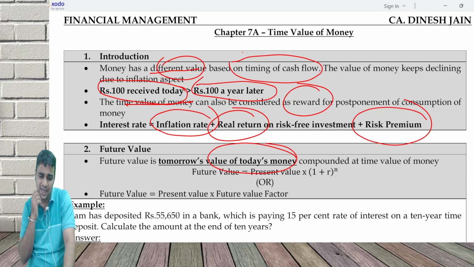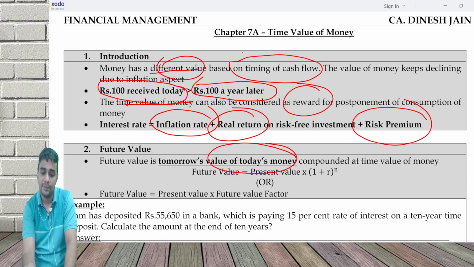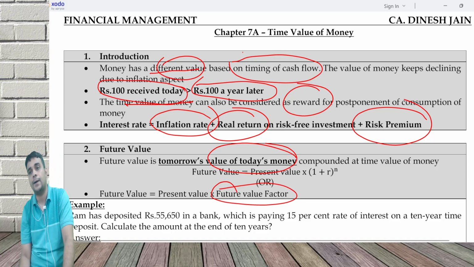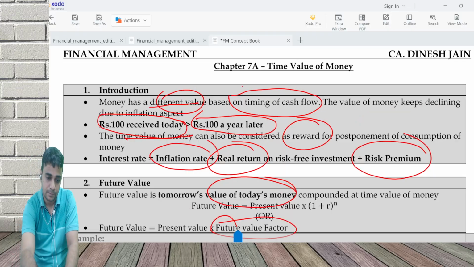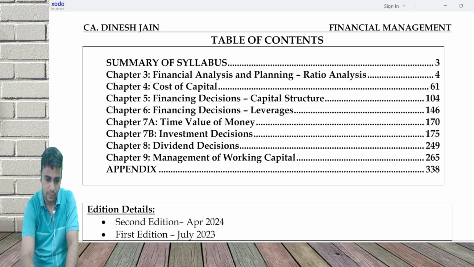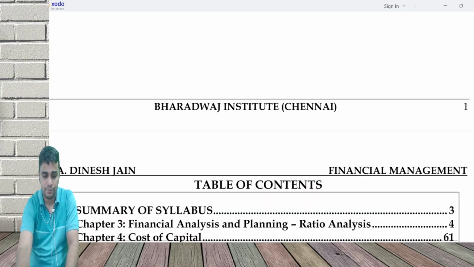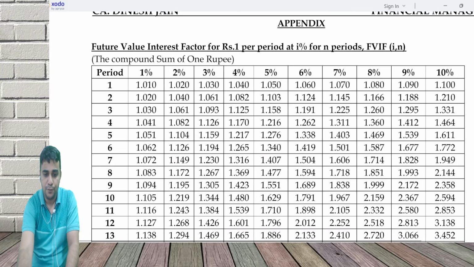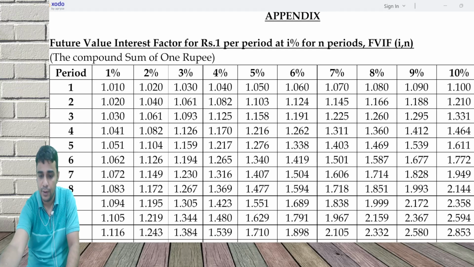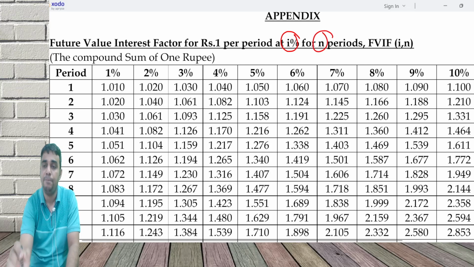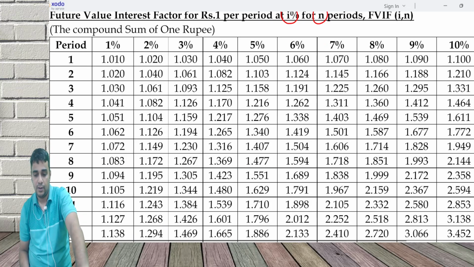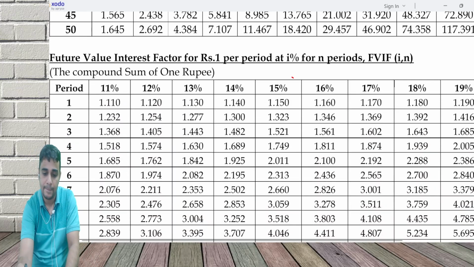Now, some questions will give something like the future value factor directly in the question. What is the future value factor? It is the future value interest for rupees 1 for a period at I percentage for n periods. What is the rate of interest we have? 15%.